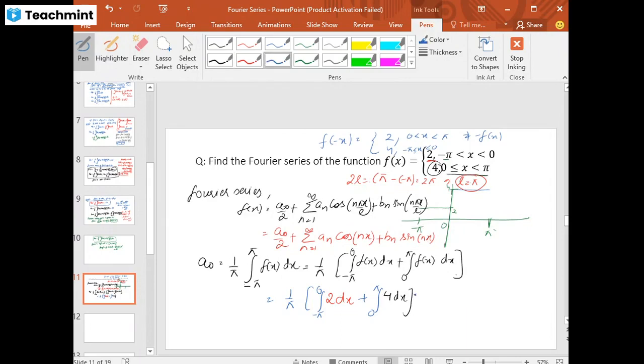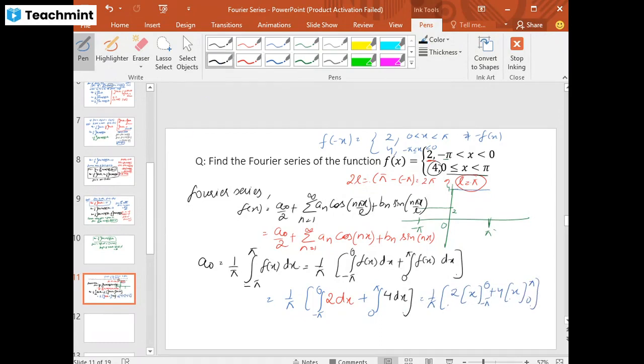On solving this integral, what do we get? 1 upon pi. 2 is constant, the integral of dx is x in the interval minus pi to 0. And 4 is constant, the integral of dx is again x in the interval 0 to pi.